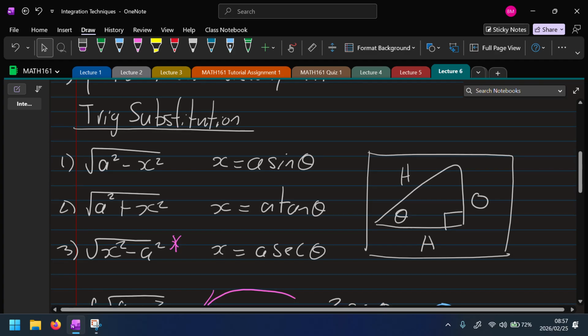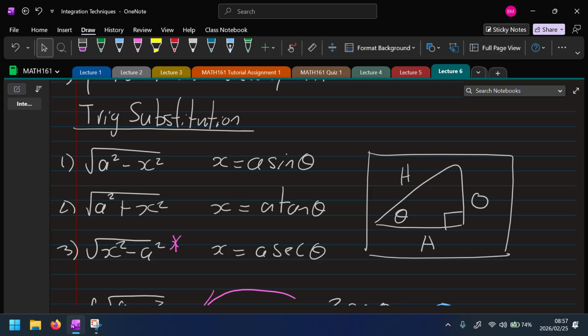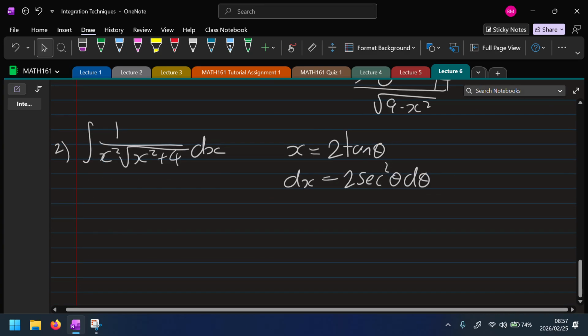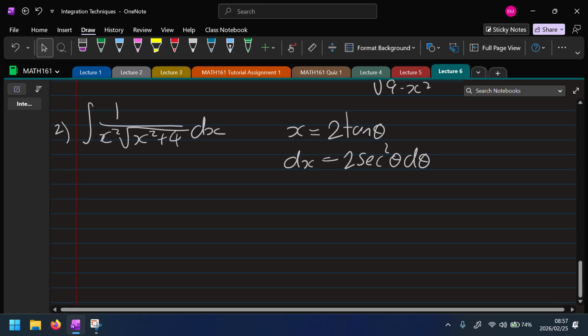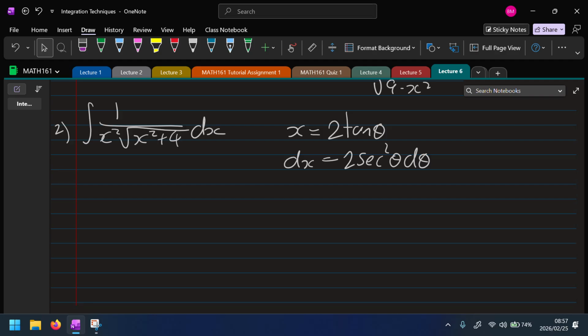So derivative of tan, sec squared, we know that. Derivative of sec, sec tan. Okay, good. I think most of you know it. Okay, so let's substitute. Wherever we see an x, we're going to put 2 tan theta. So at the bottom there, x squared, that will be 4 tan squared theta.